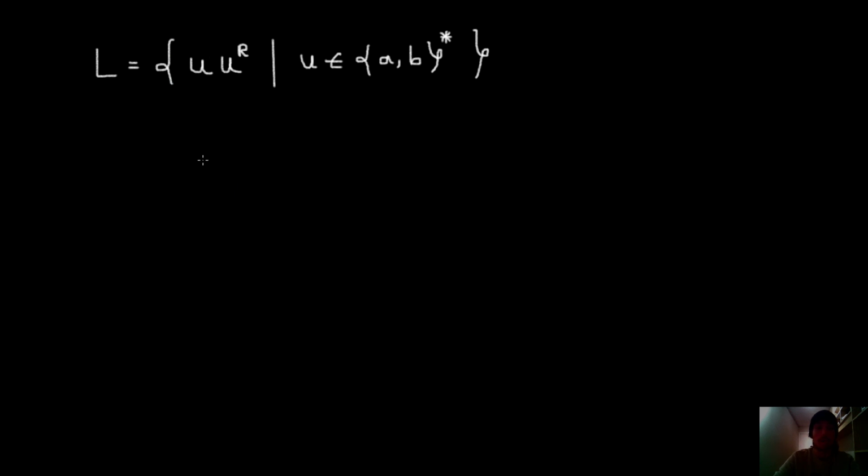For instance, what if we take U to be the subword BBAB? Well, then this word W that needs to belong to the language L is going to have this format. So first we have U, which is B, B, A, B, and then we have the U reverse.